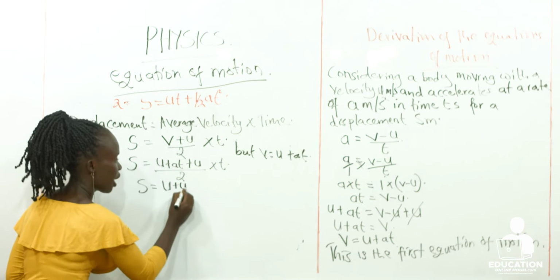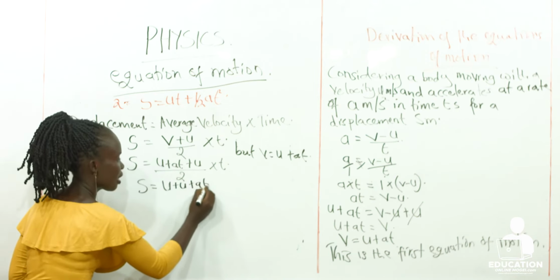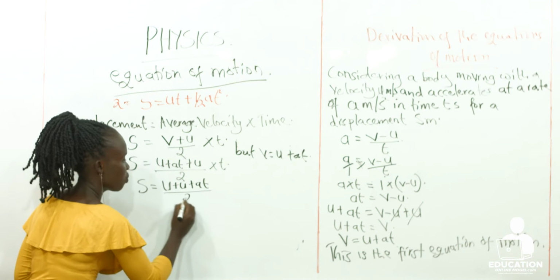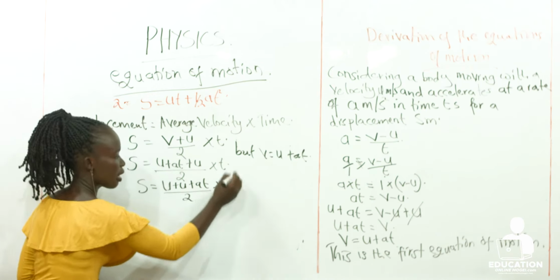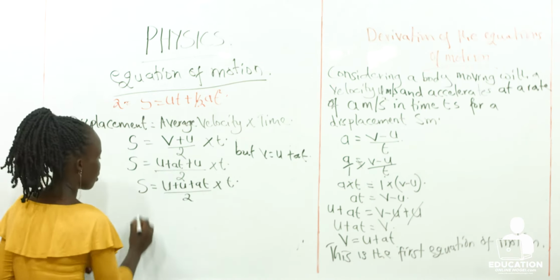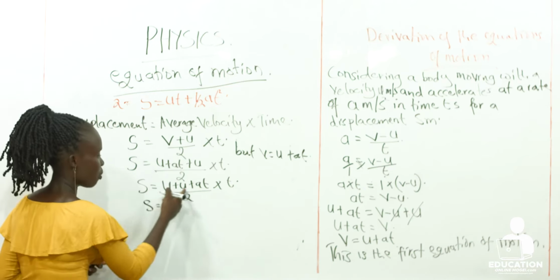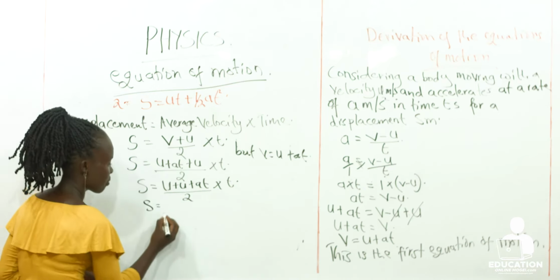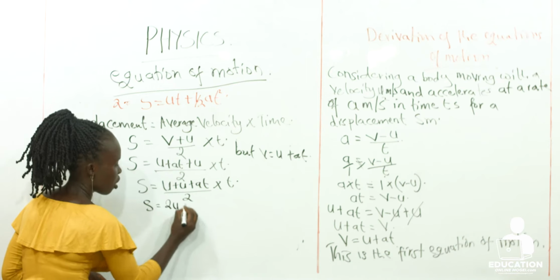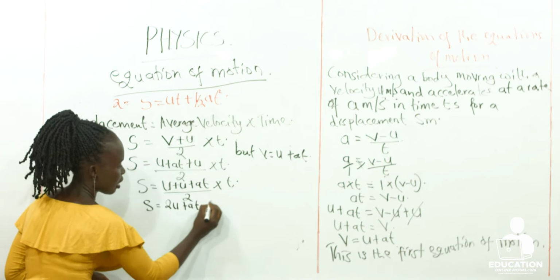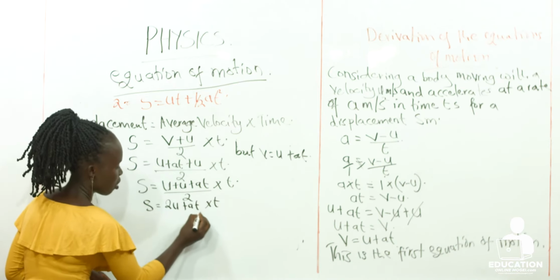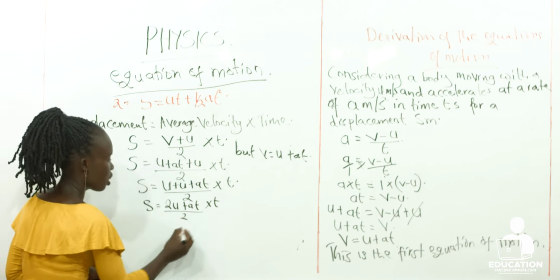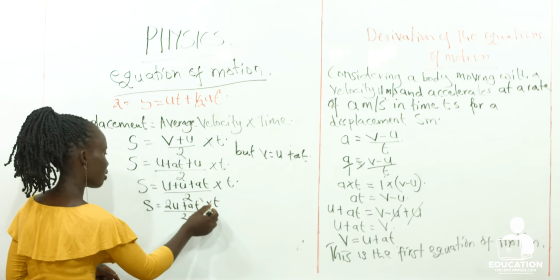U plus u here, then plus our at. This is dividing it by 2. Multiply it by your t. So if we get our u plus u, we shall have it as 2u plus at times our t all over 2.